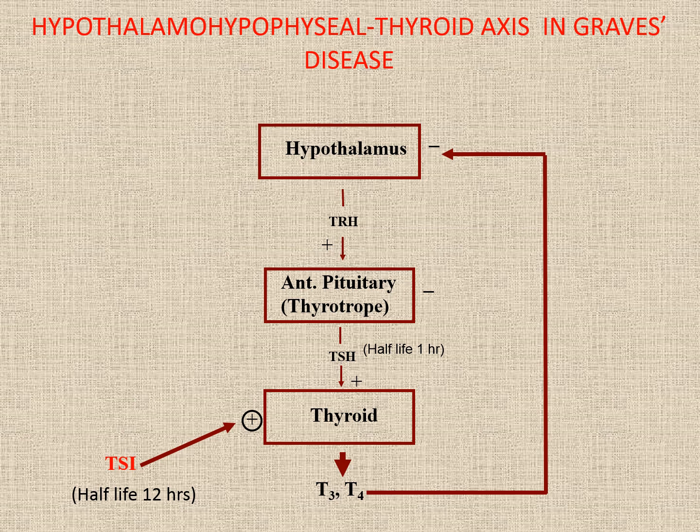And when there is an increase in T3 and T4, it inhibits the hypothalamus from releasing TRH. It also inhibits the adenohypophysis from releasing TSH. So negative inhibition for the TRH and TSH. So this is the hypothalamo-hypophyseal thyroid axis in Graves' disease.